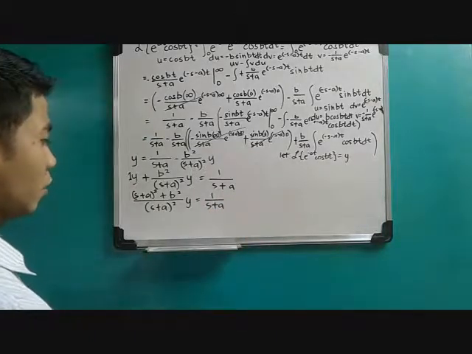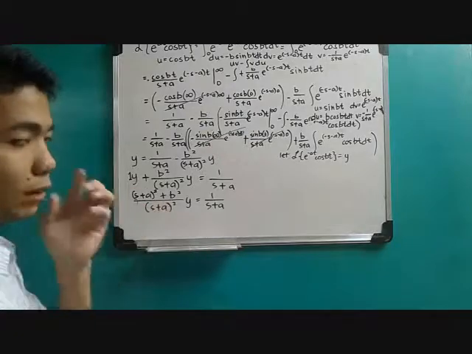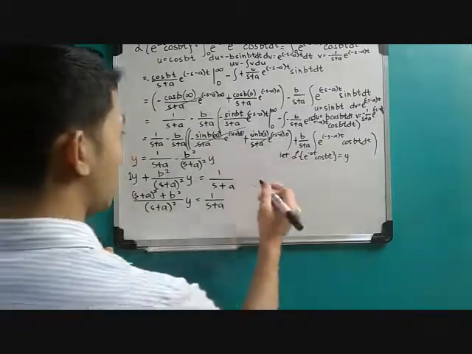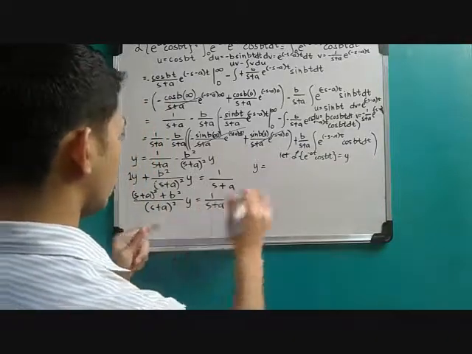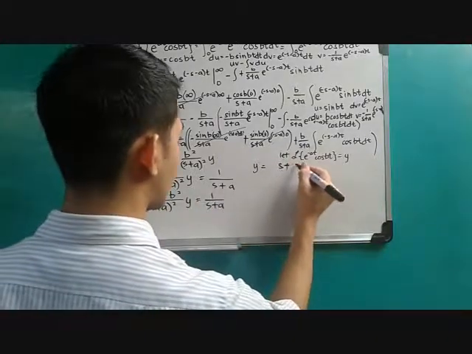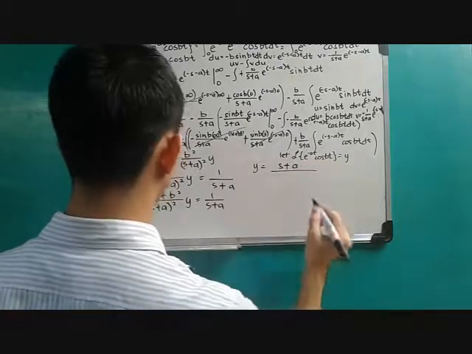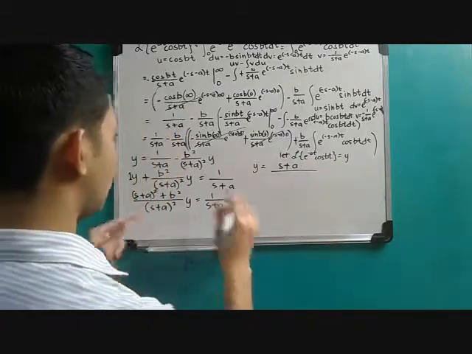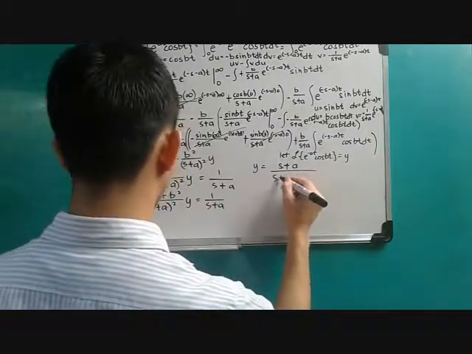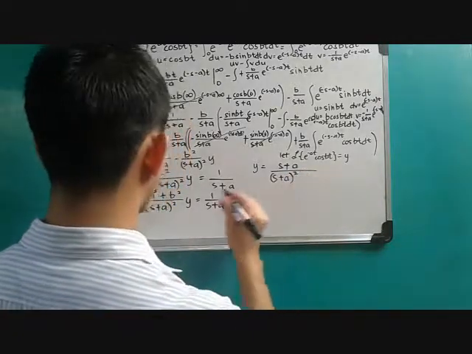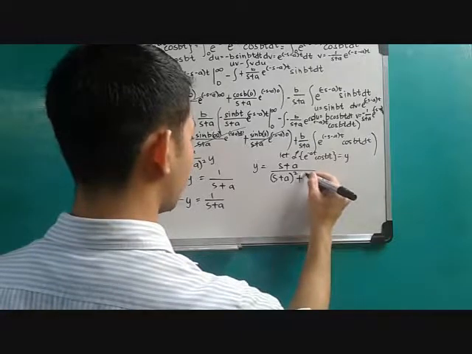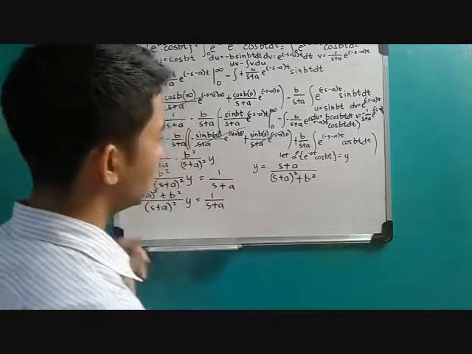So next is to cross multiply this equation. So this will become y is equal to s plus a over quantity s plus a squared plus b squared.